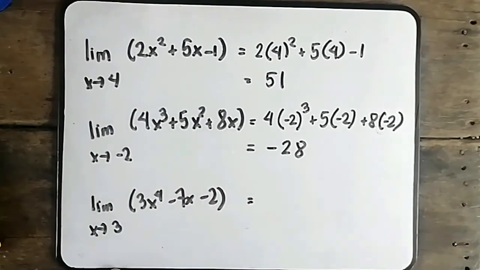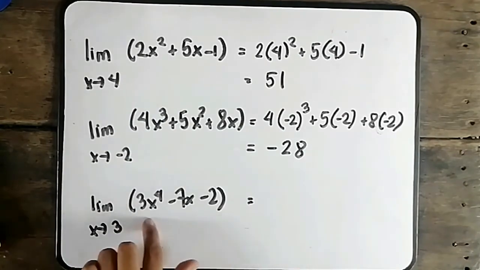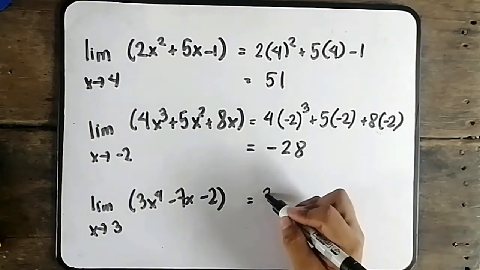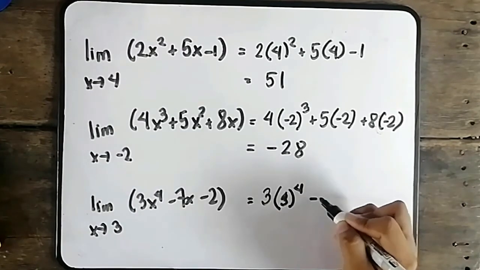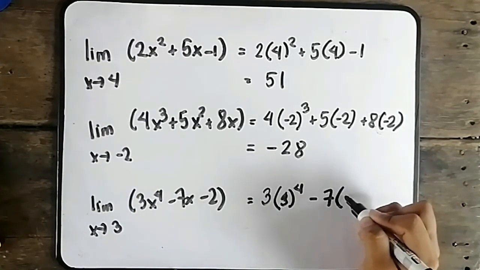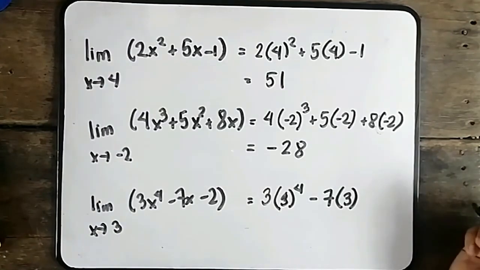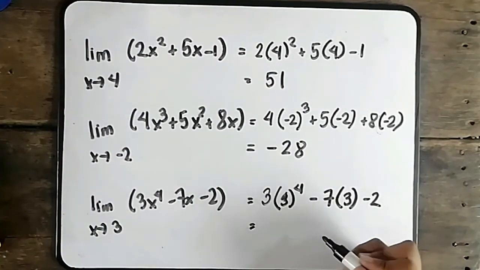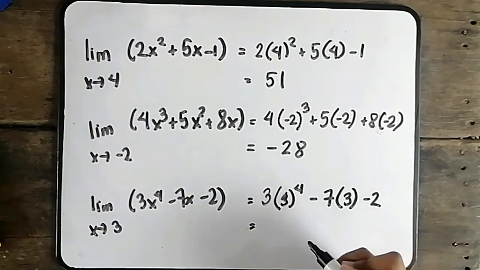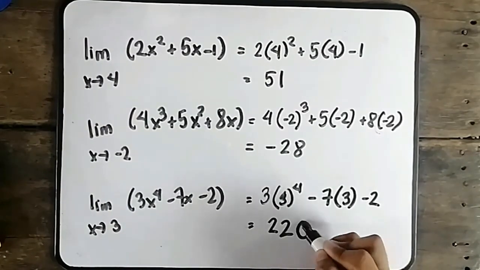And finally, the limit of 3x raised to 4 minus 7x minus 2 as x approaches 3. Since this is also a polynomial, we can actually substitute the value of a to our x. So we now have 220.